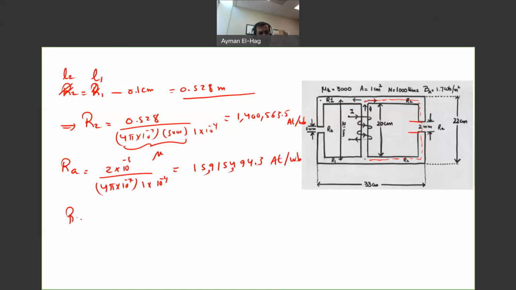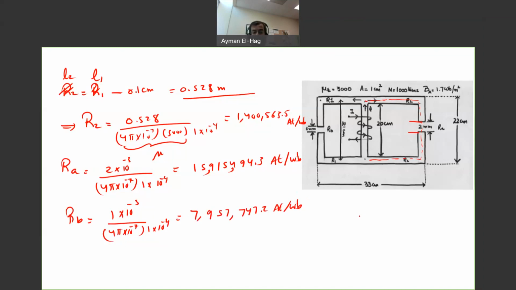Your reluctance B is exactly the same thing, but with 1 times 10 to minus 3 over 4 pi times 10 to minus 7 times 1 times 10 to minus 4, and this will give me 7,957,747.2 ampere turn per Weber.